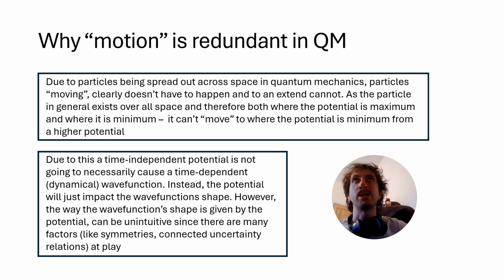Principles such as necessary symmetries of the wave function, principles like if you change the shape of the wave function in physical space, you'll change it correspondingly in momentum space, which might mean having a high probability density where the potential is minimum might mean that you have a high probability density of momentum at large momenta, which might mean that actually minimising the potential might not be favourable.